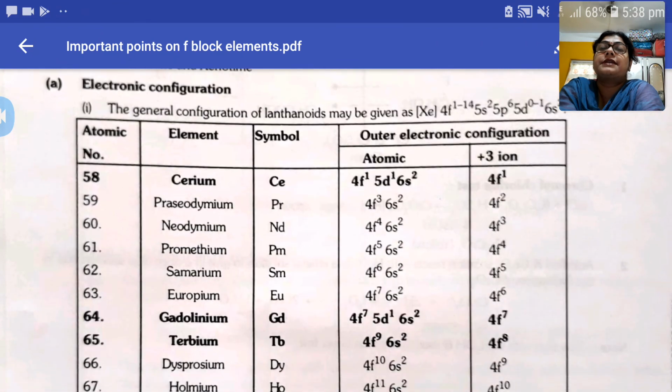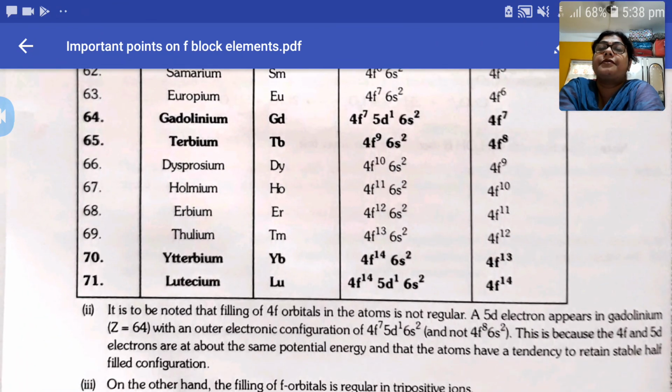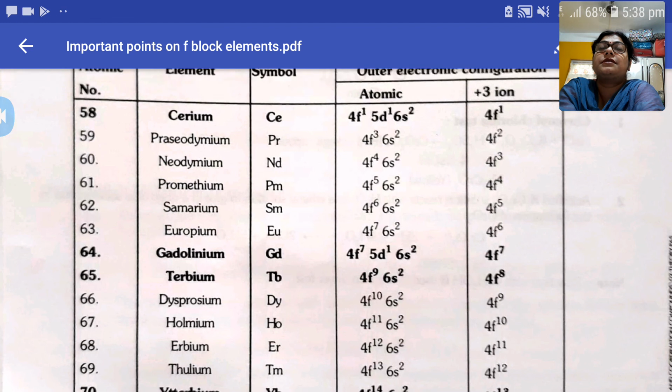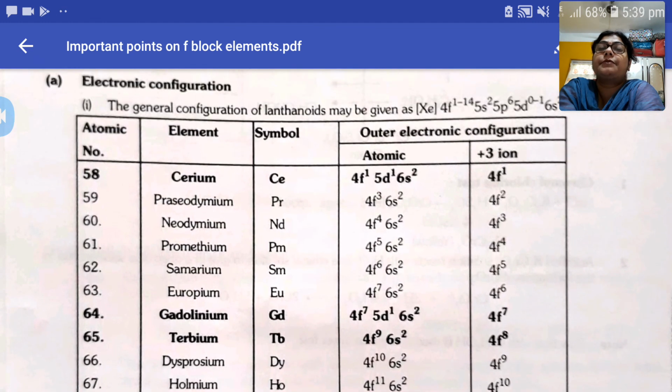Okay, and this I gave, you can see it in the periodic table, in the big periodic table also, where you will find the inner transition elements at the bottom of the periodic table.